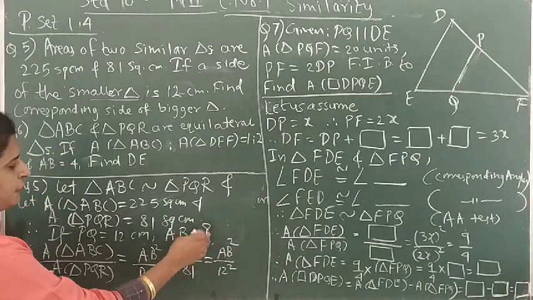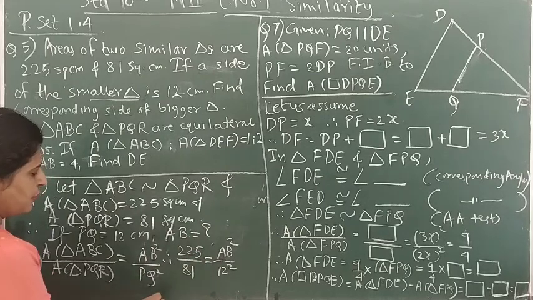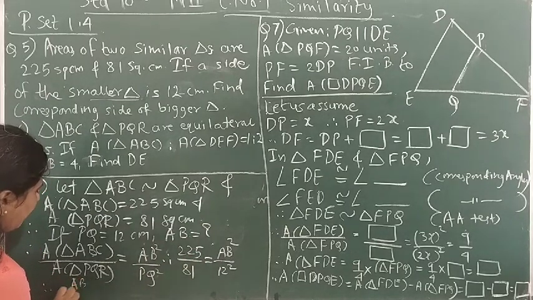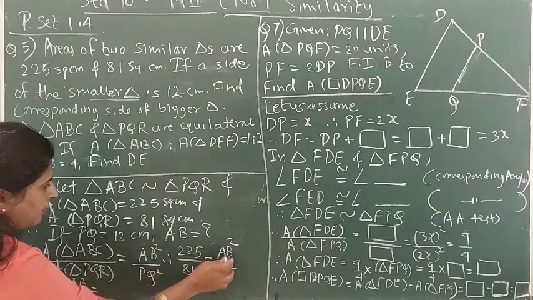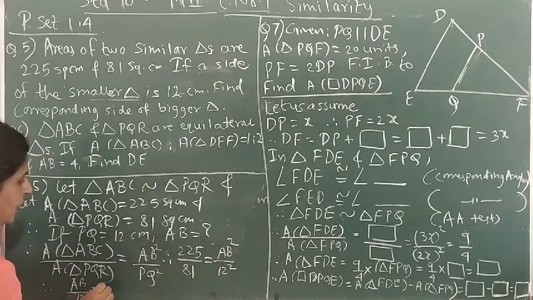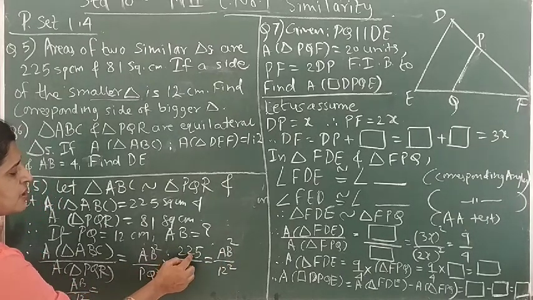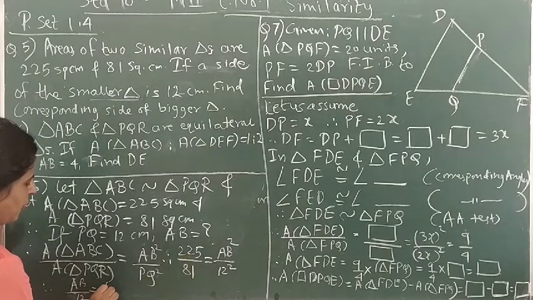Okay, if we find the square roots of both sides, what can we get? Taking square root of both sides, AB upon PQ, it's AB upon 12, is equal to, what is the square root of 225? 225 is the square of 15 and 81 is the square of 9.